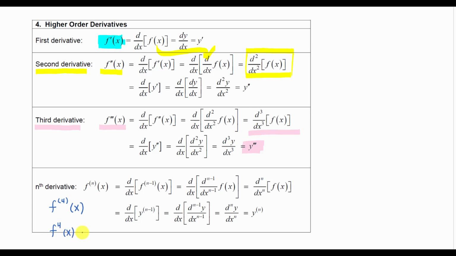That will be f times f times f times f, not the derivative. So make sure you put parentheses so that everybody knows you meant the fourth derivative, not the power 4. And for the fifth, sixth, seventh, eighth, you would use the same notation. So this is for any nth derivative of f.